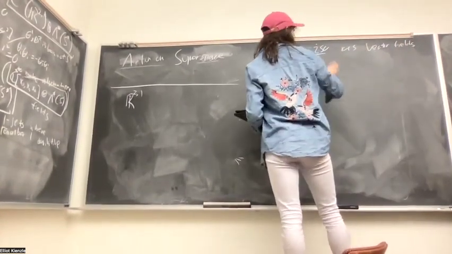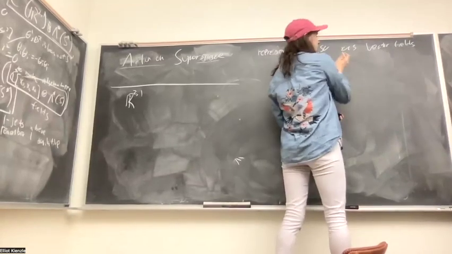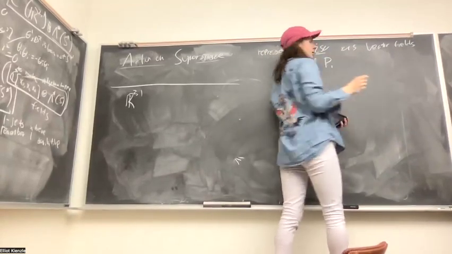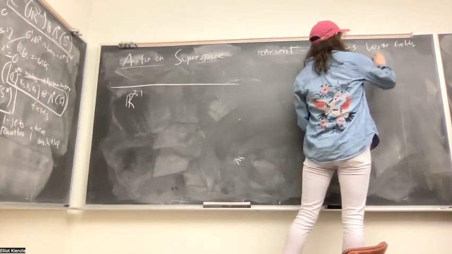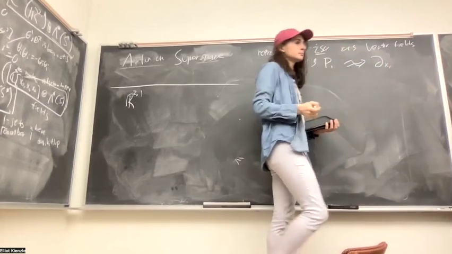For example, if I have my isometry Lie algebra, maybe I take P1, translation in the one direction. I represent this as the vector field partial x1, right?